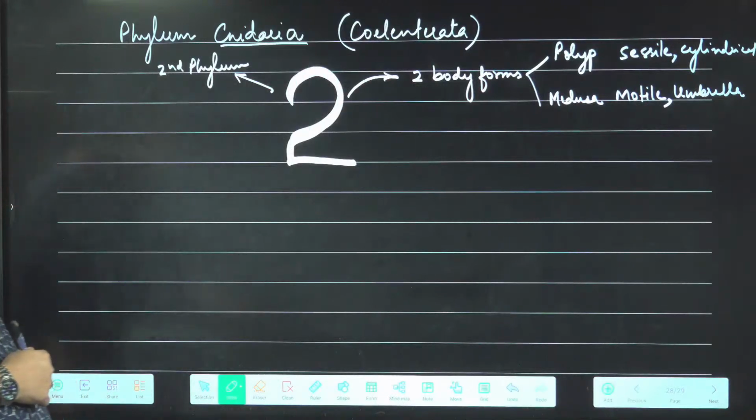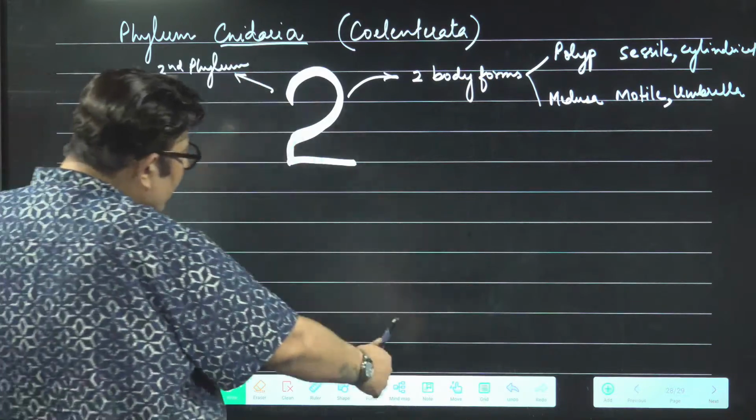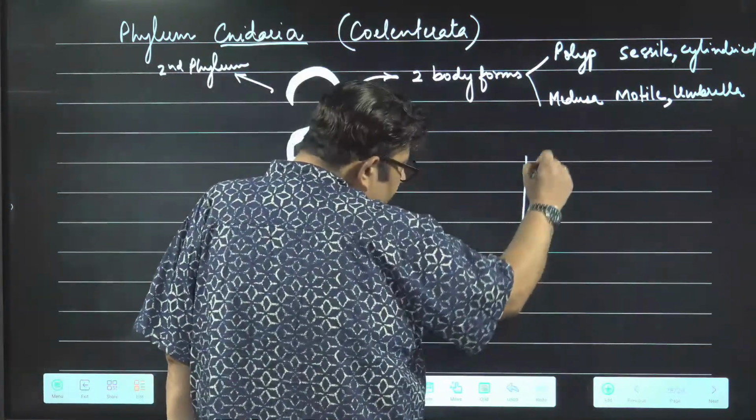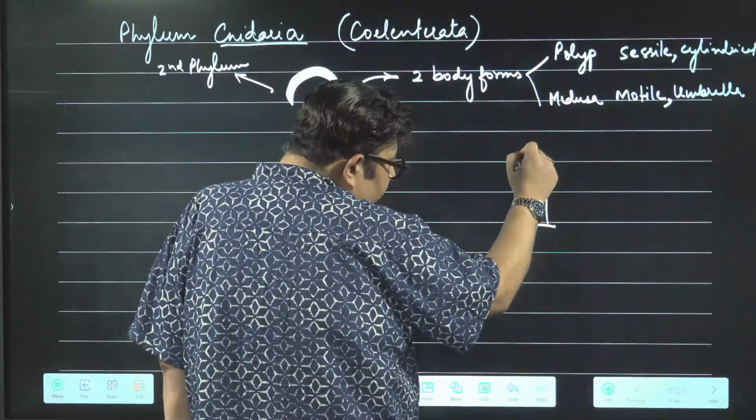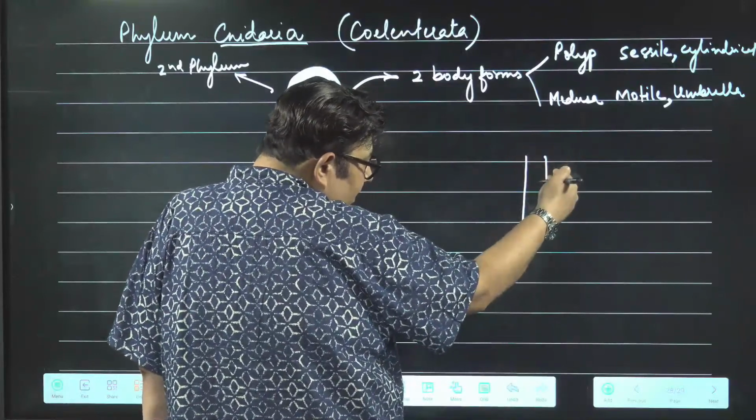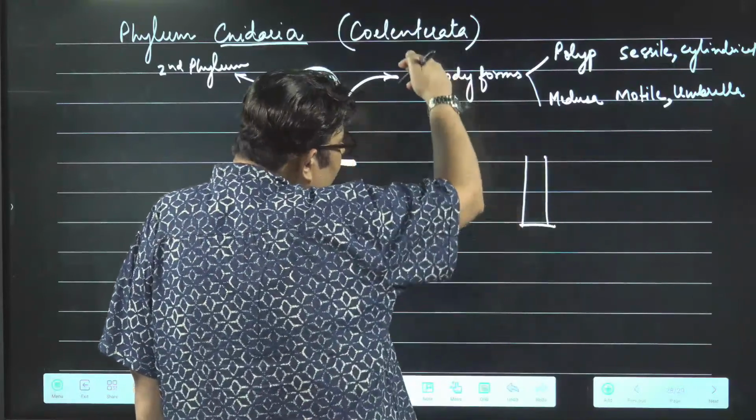I learn polyp like a pole. Polyp is like a pole. A pole is fixed, okay? And it is sessile. This is like a polyp.